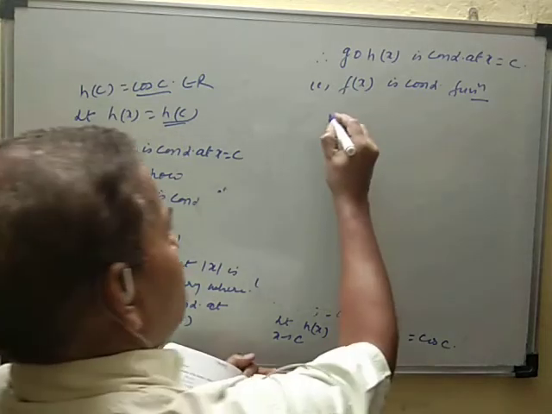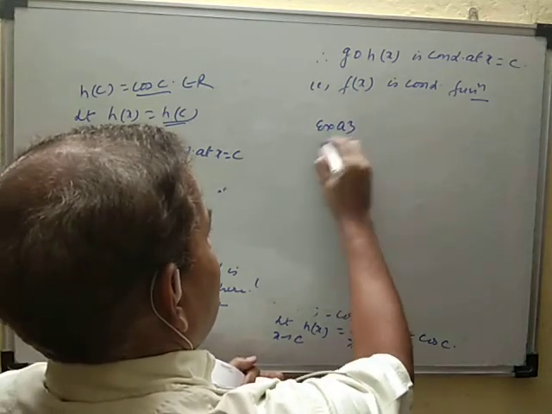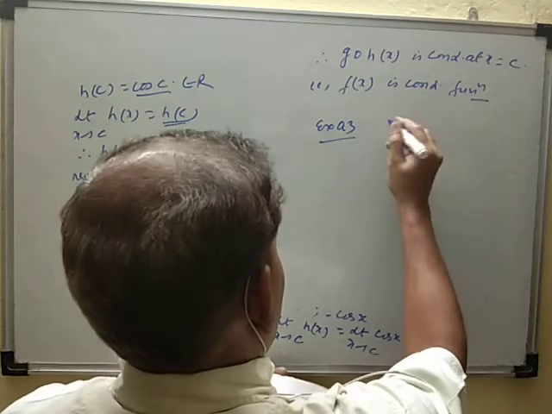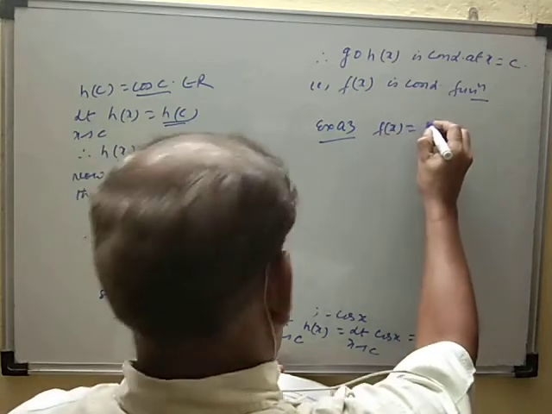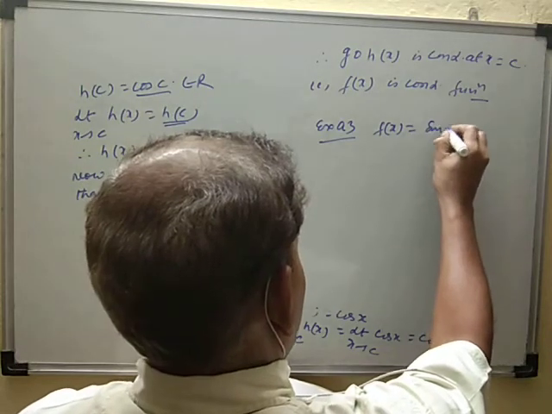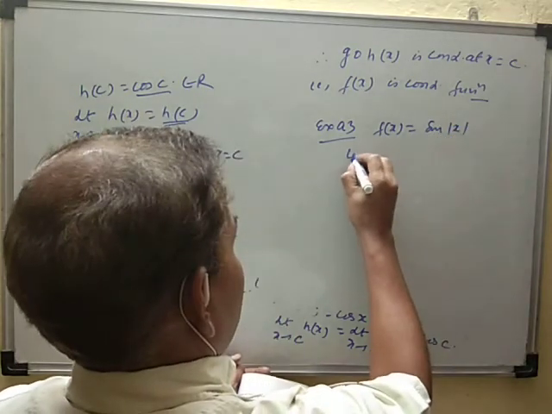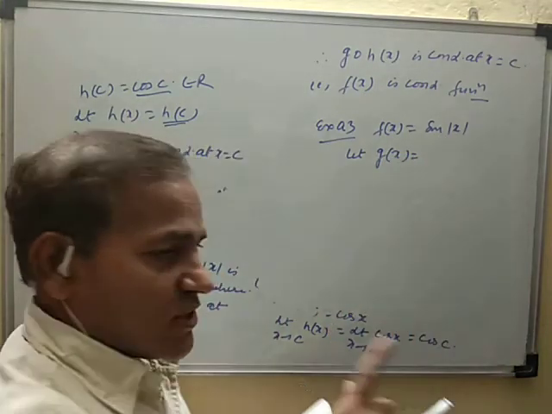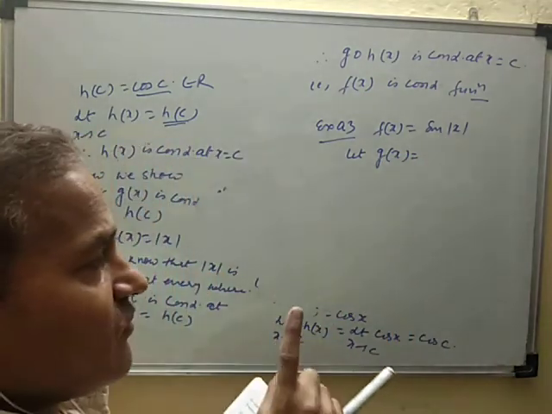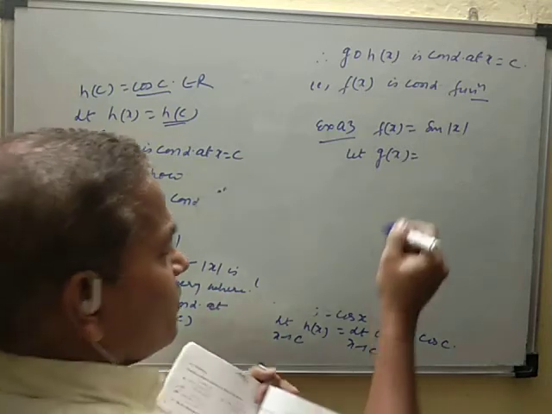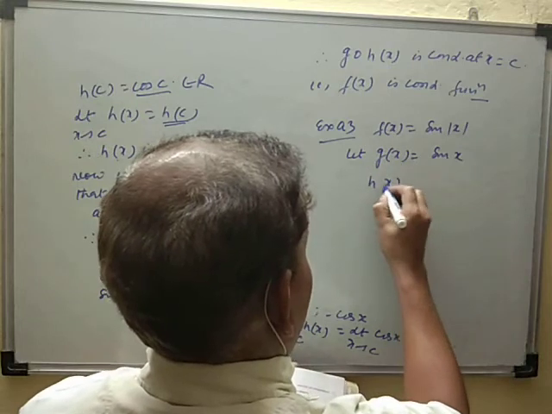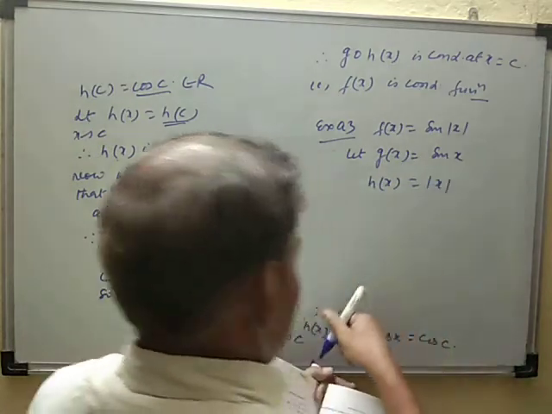I will give a hint for example 33. In example 33, suppose f of x is the function sine mod x. So let g of x, here there are two functions. First function is sine and the other function is mod x. So suppose g of x is equal to sin x and h of x is equal to mod of x.